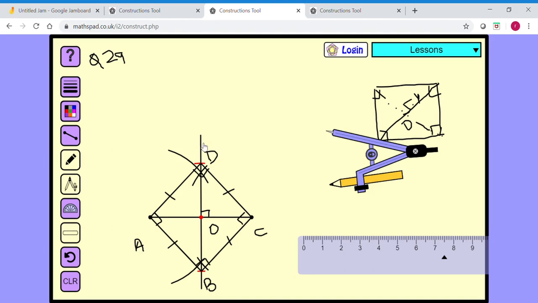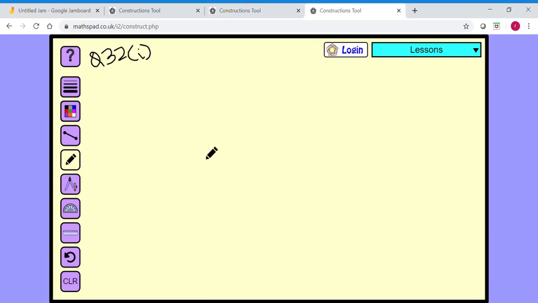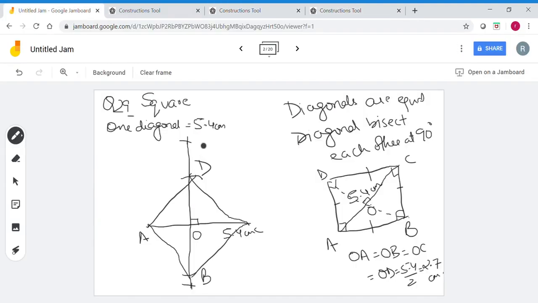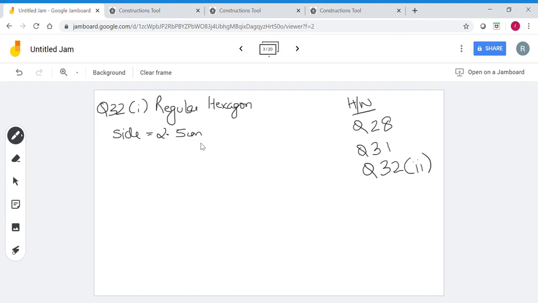The next question that we are doing is question number 32, part 1. Question 32, part 1 is construct a regular hexagon. Now what is a hexagon? A hexagon has 6 sides. So this would be a regular hexagon.